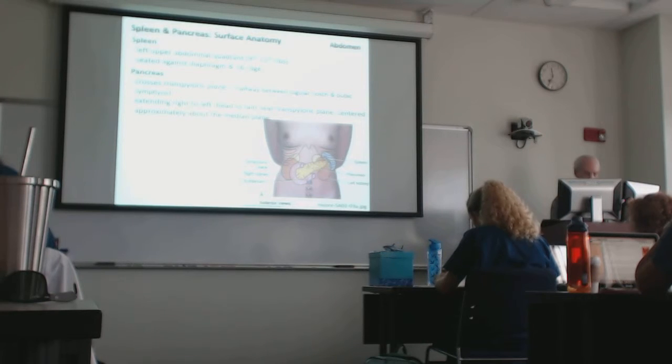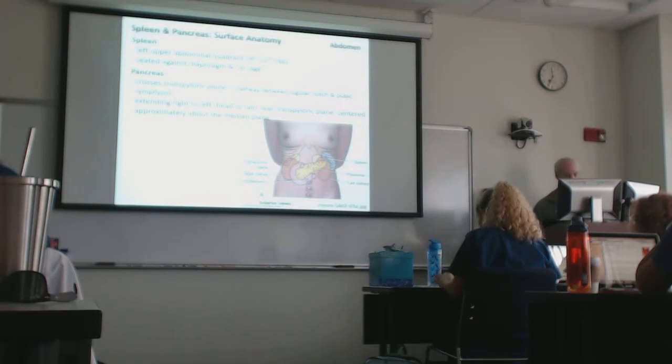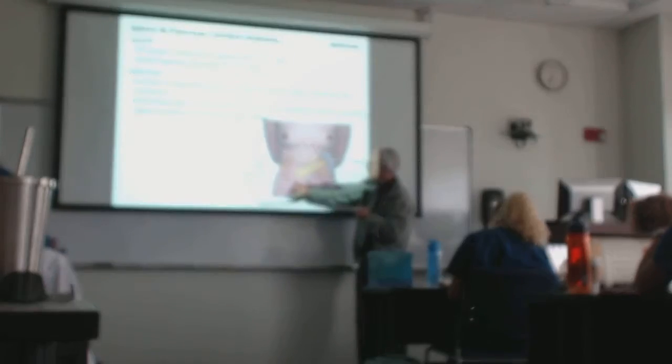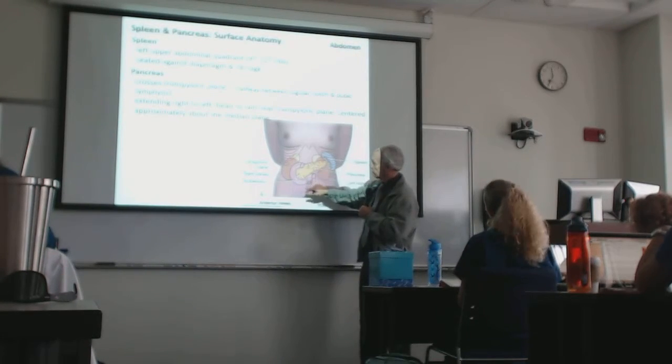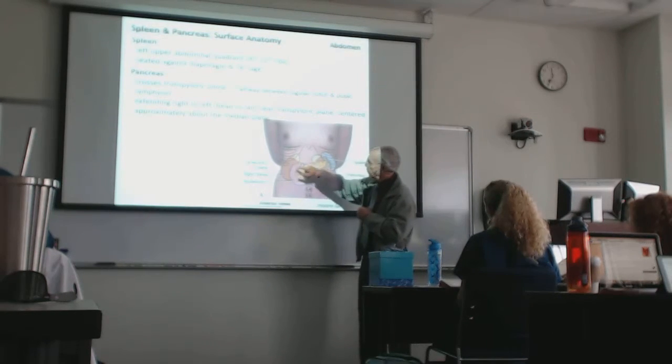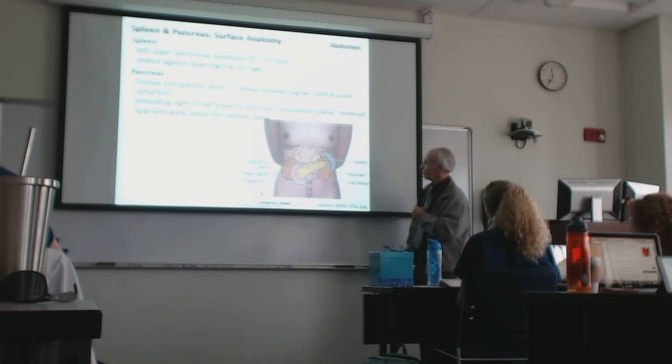The other thing I think would be very useful at this introductory level is to take a mental snapshot of these structures that you see here relative to the surface anatomy, to get a good idea of how, for example, the kidneys and the adrenals are positioned relative, for example, to the subcostal margin.